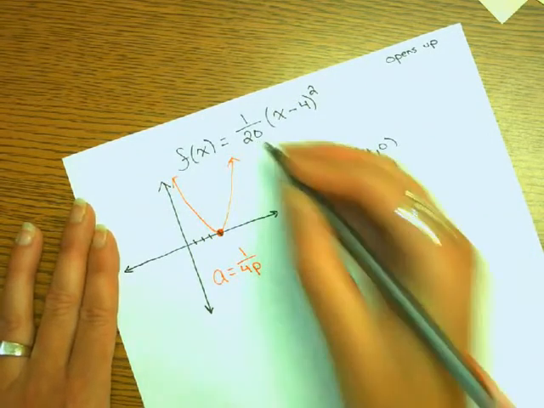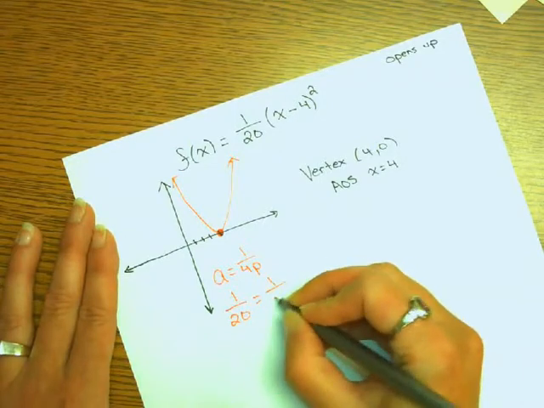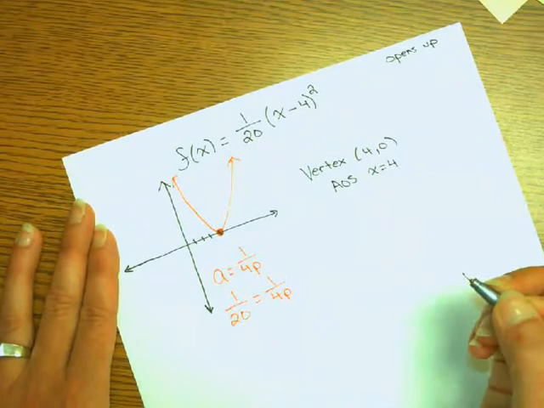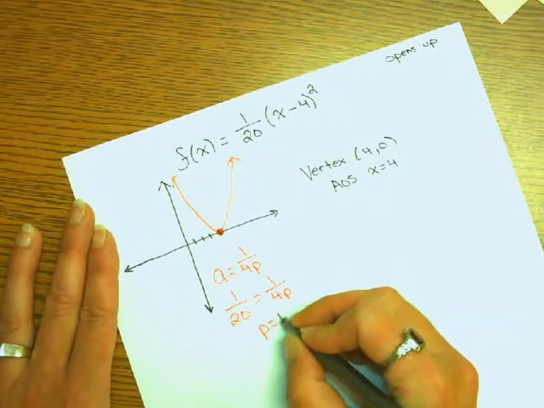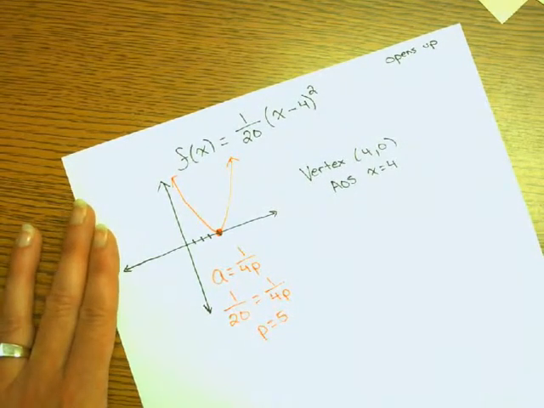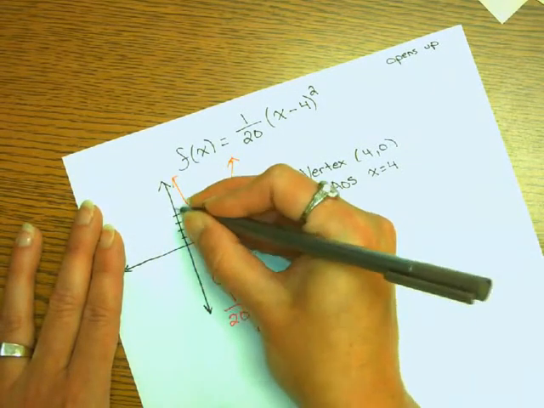And this A is 1 over 20. So 1 over 4 times what gives me 1 over 20? Well, P would have to be 5. 4 times 5 is 20. So 5 steps away. I probably shouldn't have drawn it there. Oh well. 5 steps away. 1, 2, 3, 4, 5.